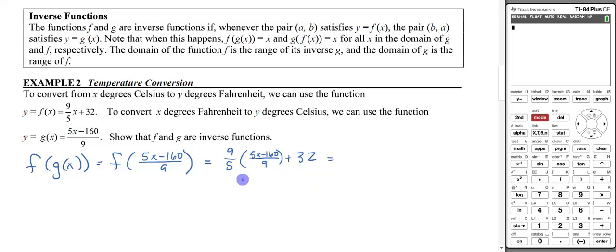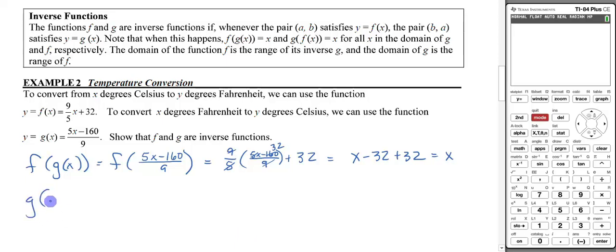Now we simplify. Well, 9 and 9 are gone. 5 cancels that once, and this 32 times. So x minus 32 plus the 32 at the end there, and that simplifies to be x. So we have this halfway verified now.